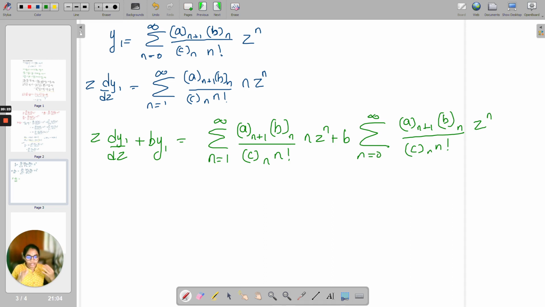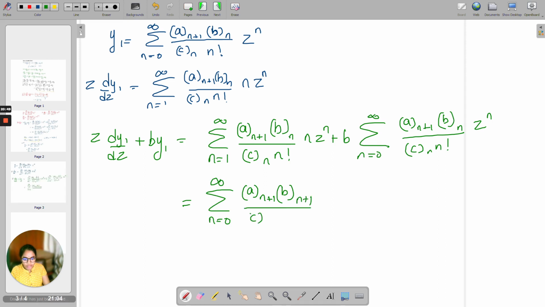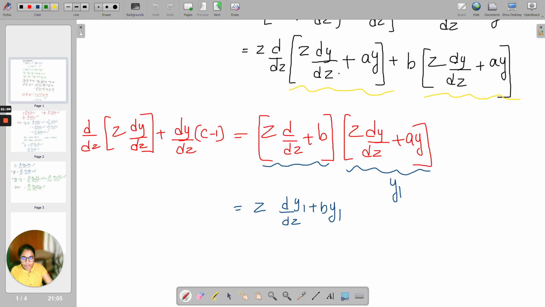Take out one term, you would get b. Yes, similarly as we did for a, and you would get b_n into b plus n. So you would have to replace it with b(n+1). So finally you would get the sum from n equals 0 to infinity of a(n+1) b(n+1) divided by c_n n factorial into z power n. Okay, so this was the RHS. Am I right? This was the RHS part of the equation.